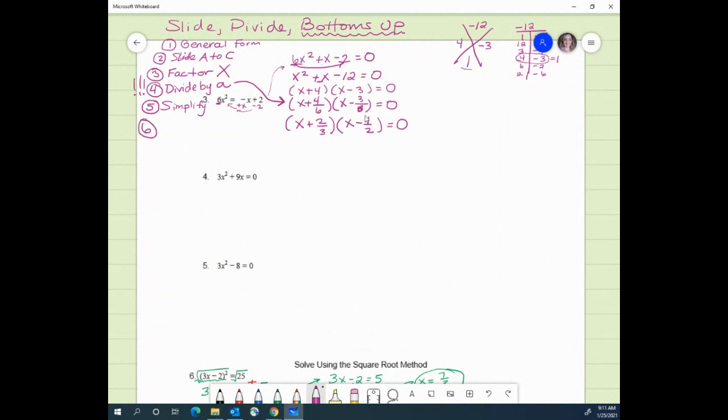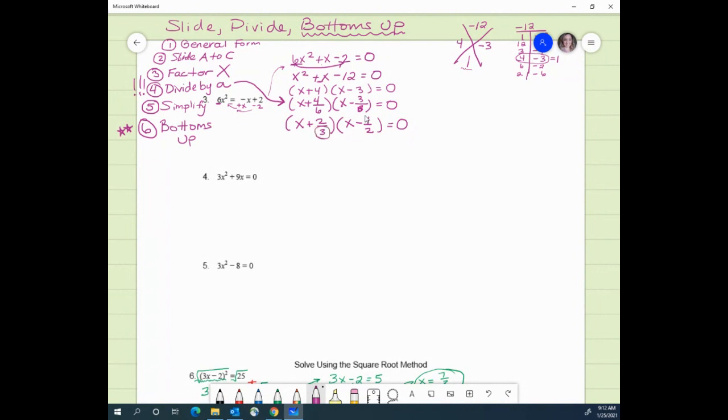And this is kind of the optional step occasionally. So this is bottoms up. I'll show you why this is sometimes optional once we get finished. Anything that's left as a denominator, so sometimes when you simplify, you get a whole number.